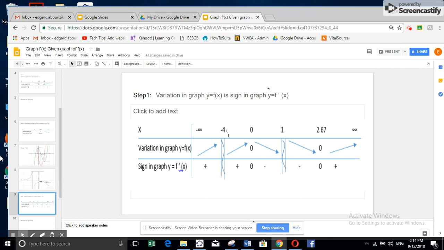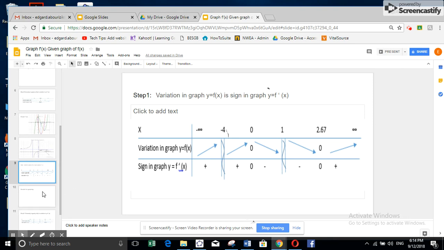So now if you want to graph, for instance, this function, we have first of all a vertical asymptote at -4. We have 1 vertical asymptote at 1. We have a root at the point 0, and we have a root at the point 2.67. Before -4, the curve must be positive.